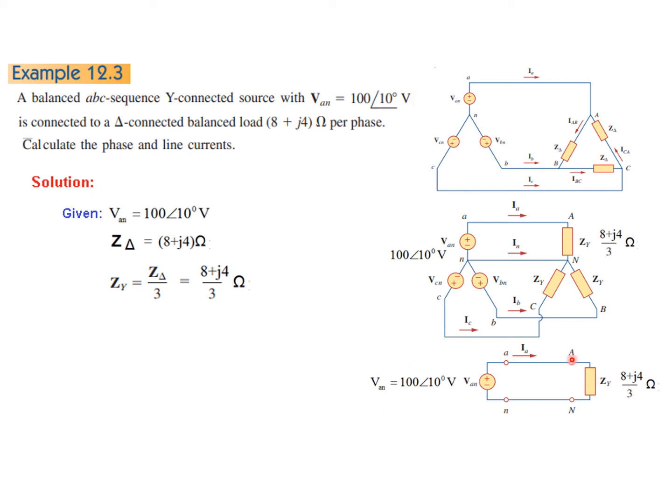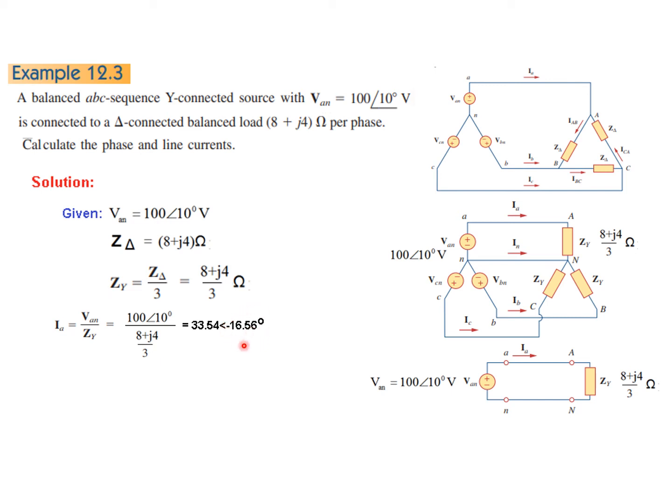And from here we can easily calculate the current, which is the line current. So this voltage divided by this impedance will give us the line current IA. So line current is 33.54 at minus 26.56. So we have calculated one line current, and the other two we can calculate just by changing the angle.